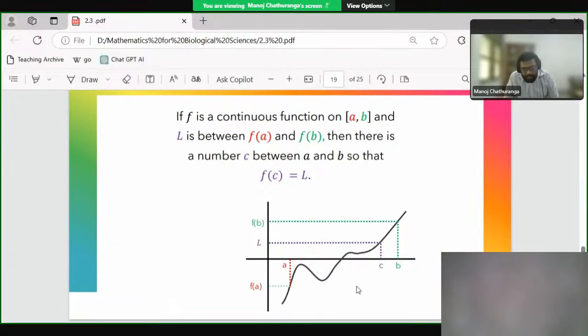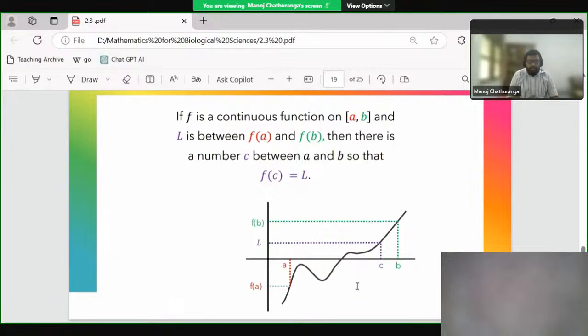No matter what curve you draw, it will meet the horizontal line through L at some point. Maybe more than once, maybe just once. So anyway, at the intersection point, we can observe the x value. It's called that x value c. So if you substitute c into the function, f of c equals L.